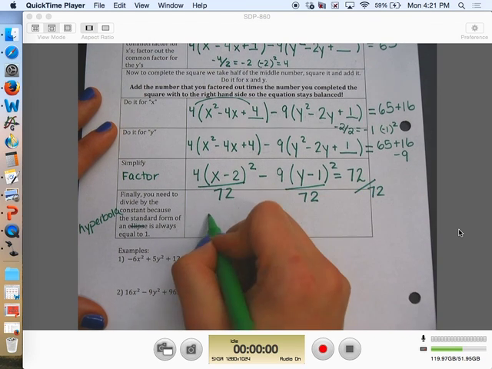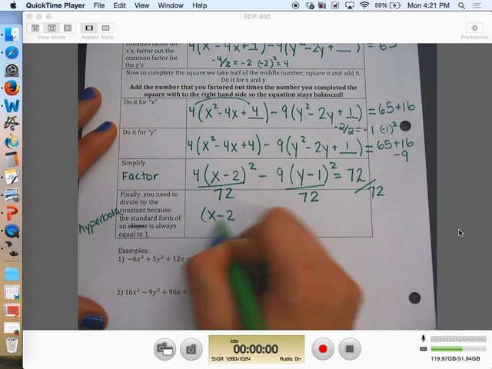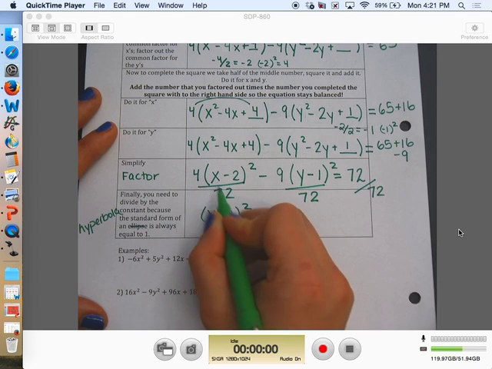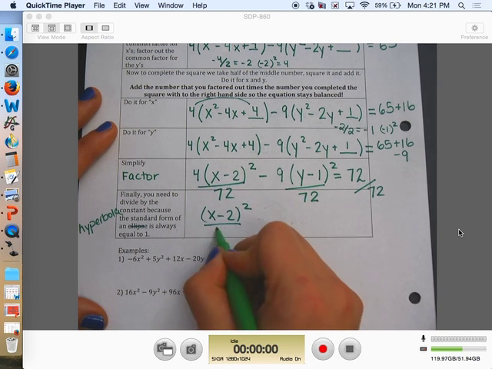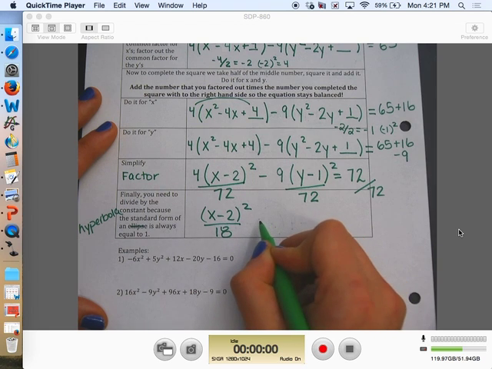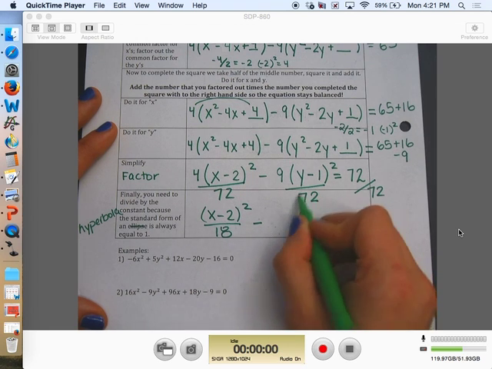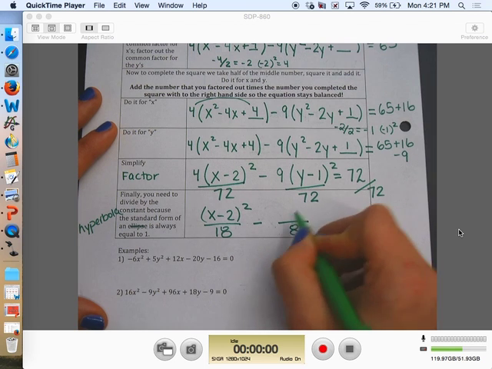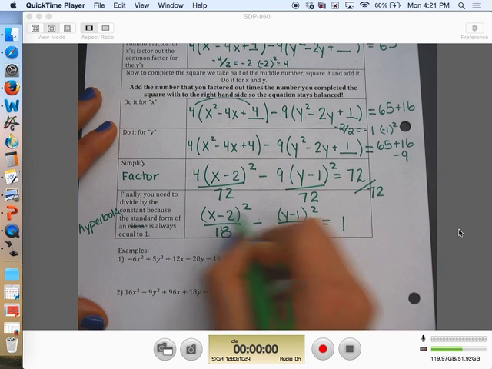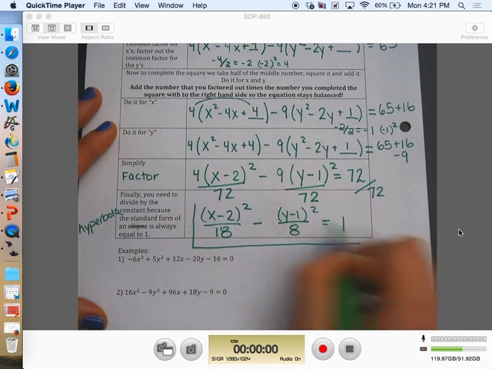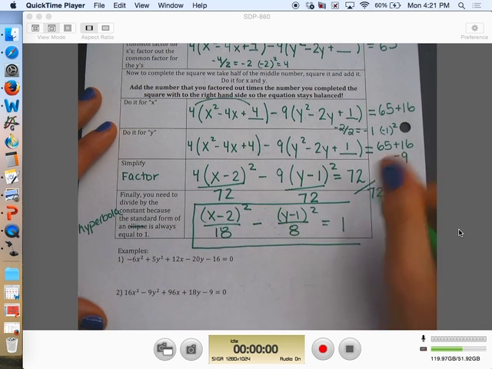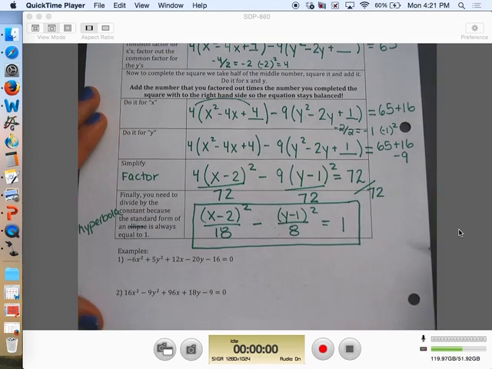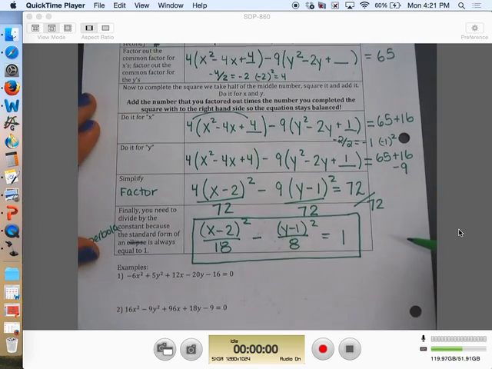Simplify these fractions. 72 divided by 4 is 18. 72 divided by 9 is 8. And we successfully completed the square for a hyperbola.